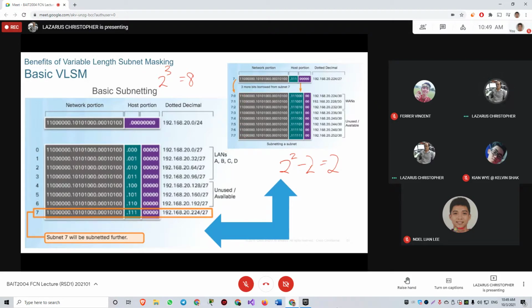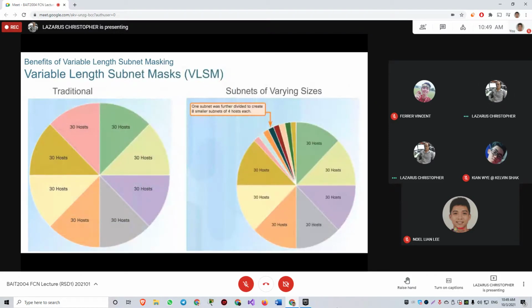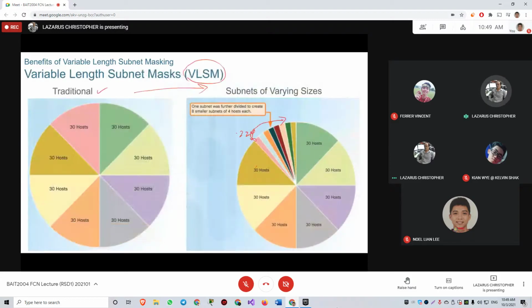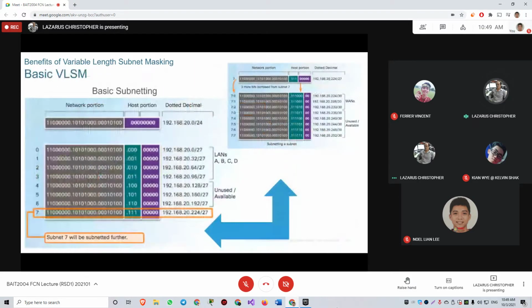8 subnets. Okay, now that you have 8 subnets within this original subnet, then you can pick, because how many do we need? 3, right? 1, 2, 3. So we need 3. So we pick the first 3 and allocate to each wide area network.